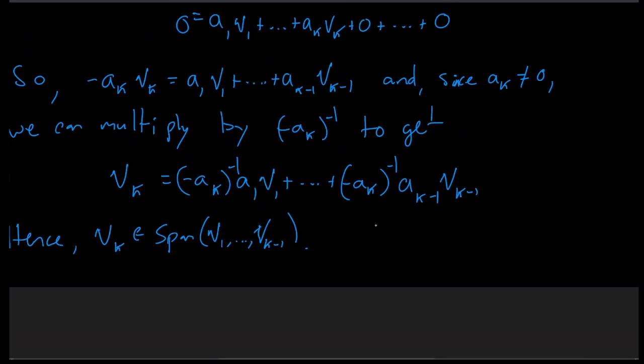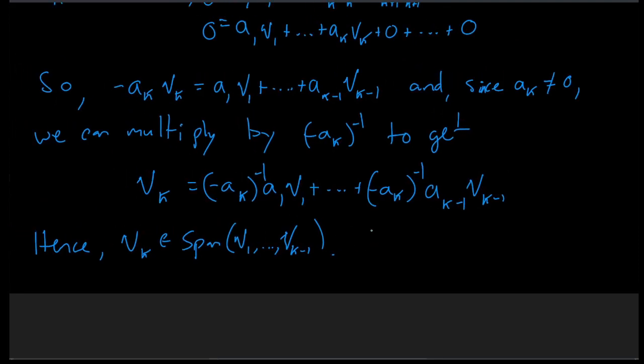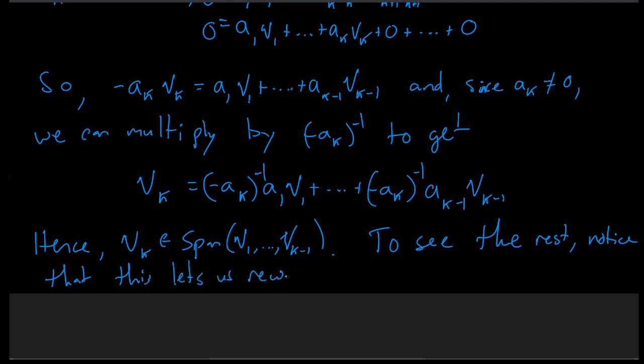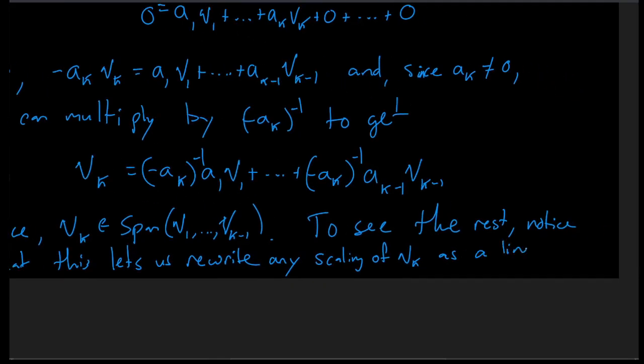Furthermore, if k satisfies this condition above and the kth term is removed, then the span of the remaining list equals the span of the whole list. Now, to see the rest, notice that this lets us rewrite any scaling of vk as a linear combo of v1 up through vk minus 1.